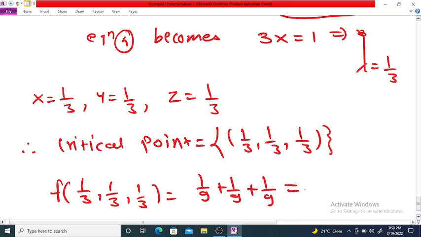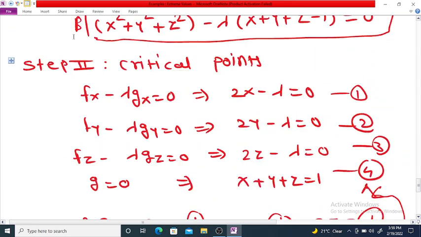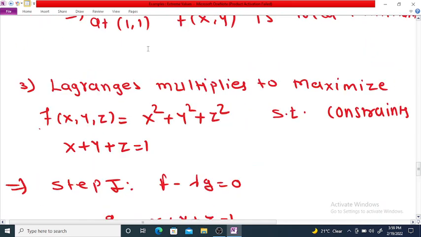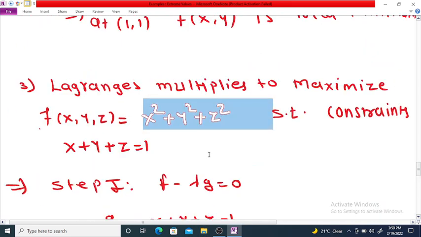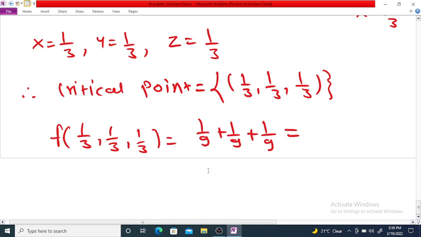Since f of xyz is equal to x square plus y square plus z square, this is equal to 3 by 9, which is equal to 1 by 3. So the maximum value is 1 by 3 at the point 1 by 3, 1 by 3, 1 by 3.